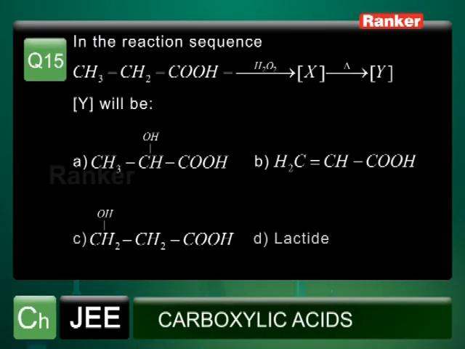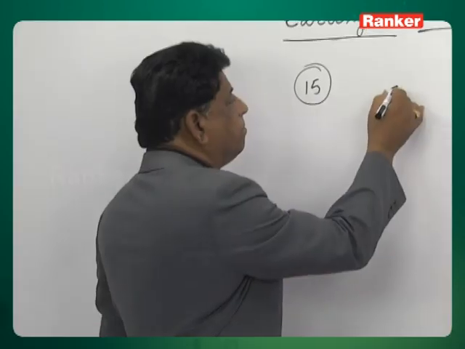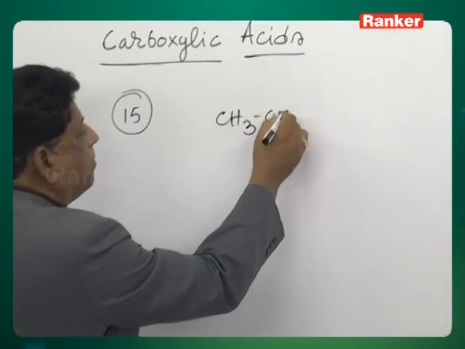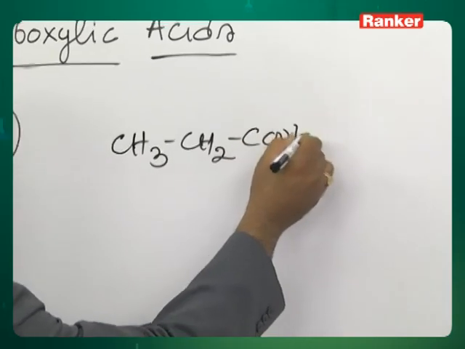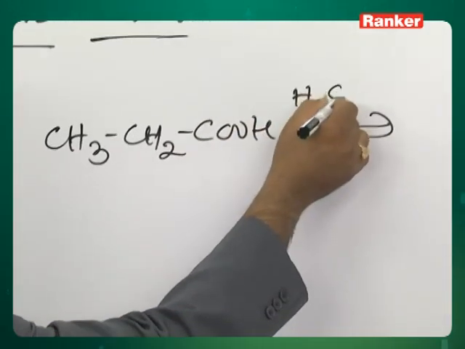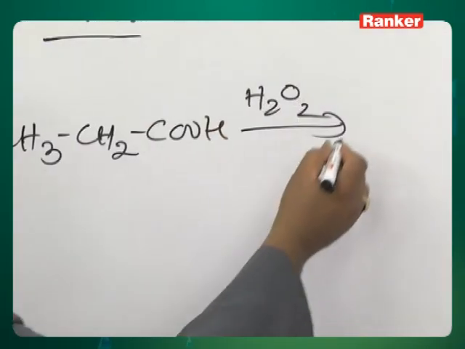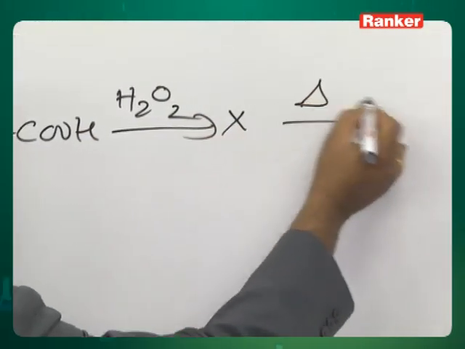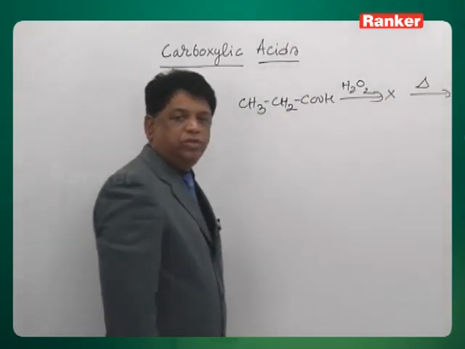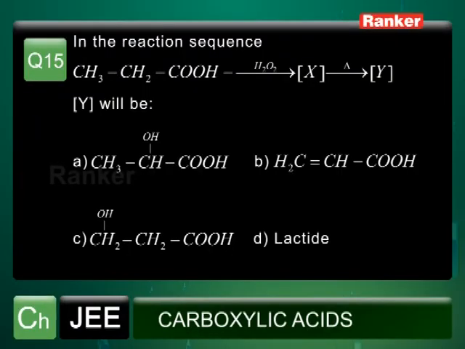In the reaction sequence, propanoic acid is treated with hydrogen peroxide, and the X compound is formed, which on heating gives the Y compound. The question is what is Y?